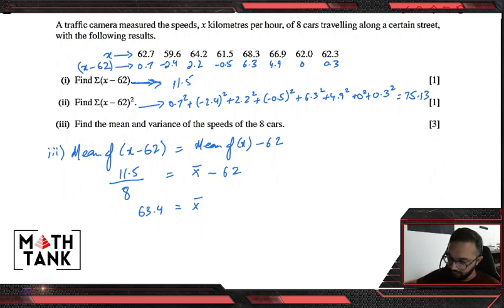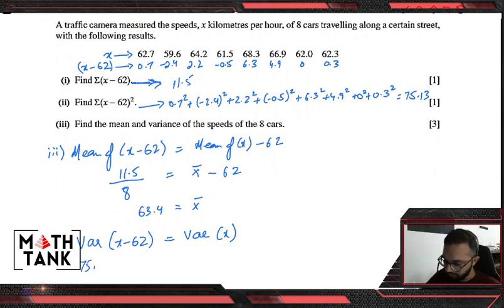Then for the standard deviation, the variance of x minus 62 is the same as the variance of x. So that becomes 75.13 divided by 8 minus 11.5 divided by 8 squared, equals the variance of x.